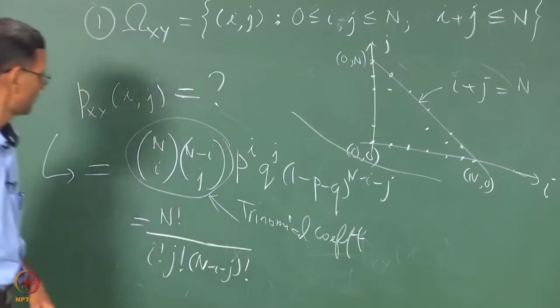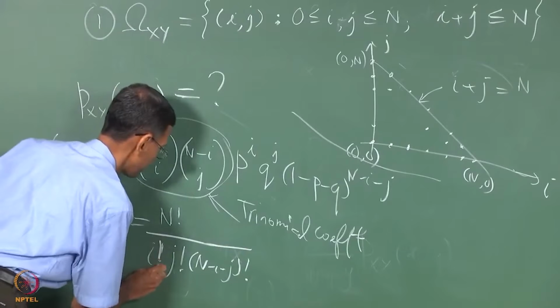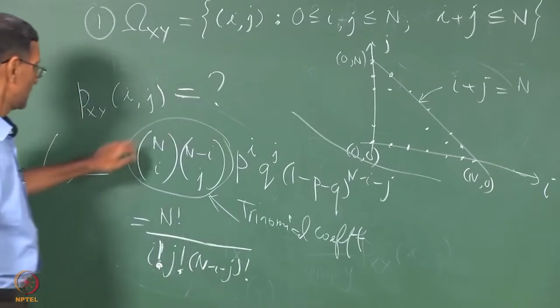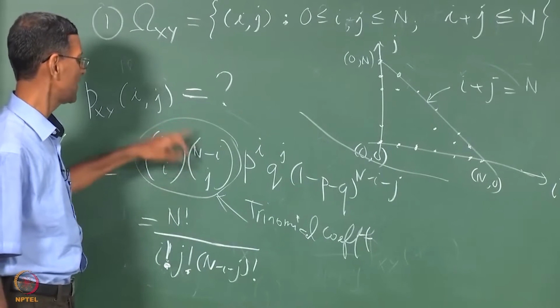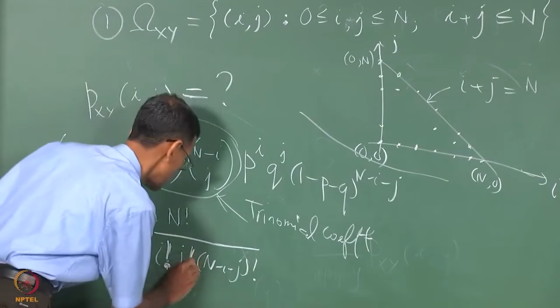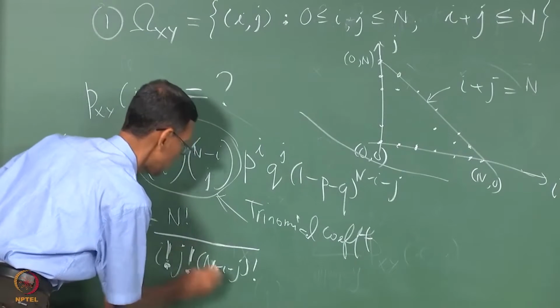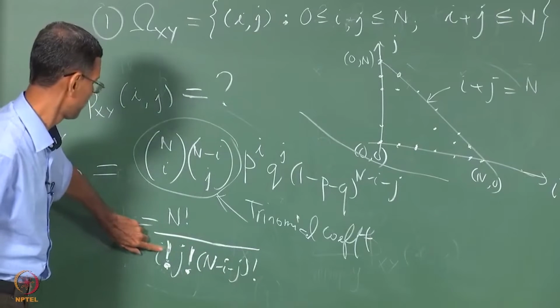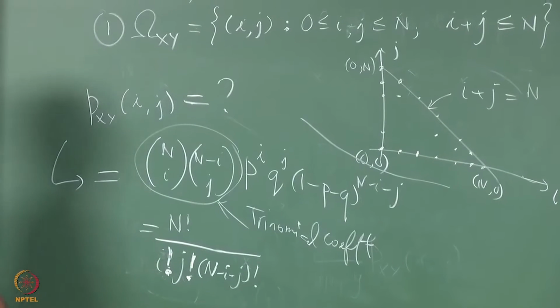It is another way of, right, n factorial by i factorial, that n minus i factorial will cancel, you will get exactly this, just a j factorial here, n minus i minus j. So basically that is all we need.